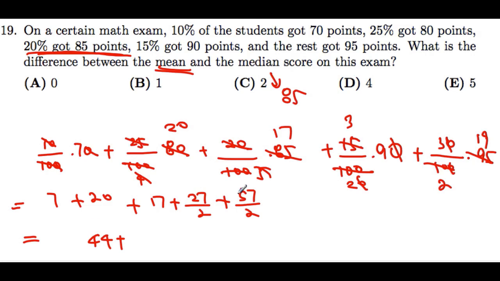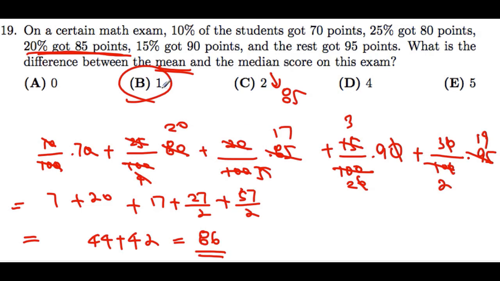And here it becomes 84 divided by 2, becomes 42. Now, when you add them up, it becomes 86. So median was 85 and the mean is 86, therefore the difference becomes 1.